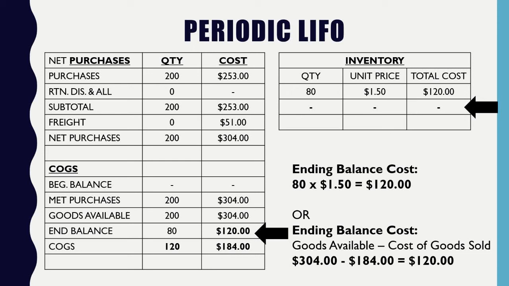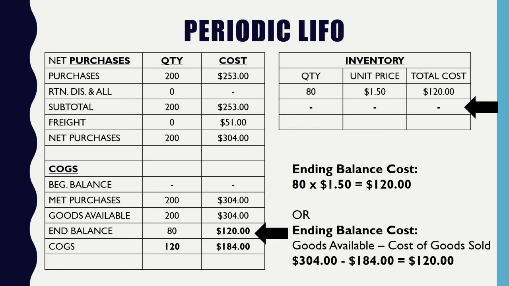If you do the calculation, 304 minus 184, you should get the same exact answer for your ending inventory. So whether you solve for ending inventory or cost of goods sold, you have at least one component to be able to solve for the answer, okay?